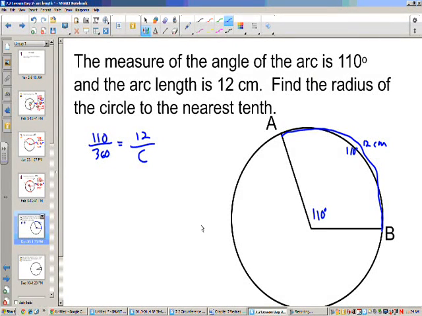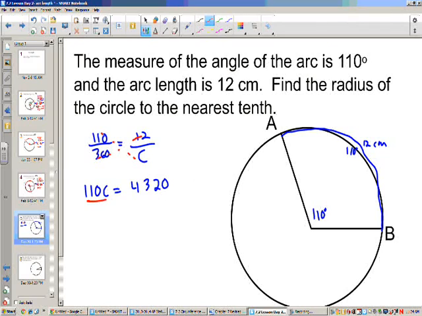Now in this one, a lot of people like to cross multiply and divide. To find the circumference, we multiply across here. So I do 110 times c is equal to 12 times 360, which is 4,320.